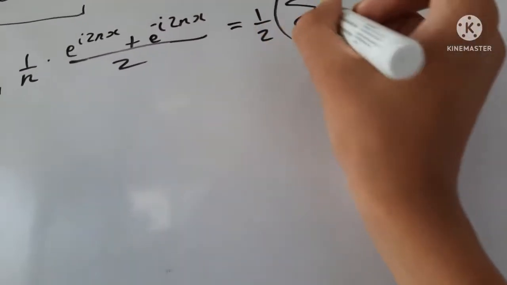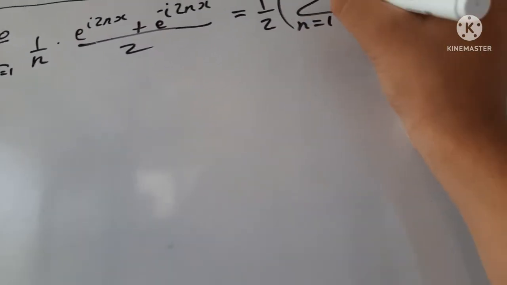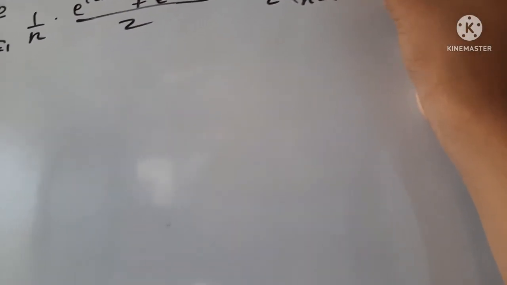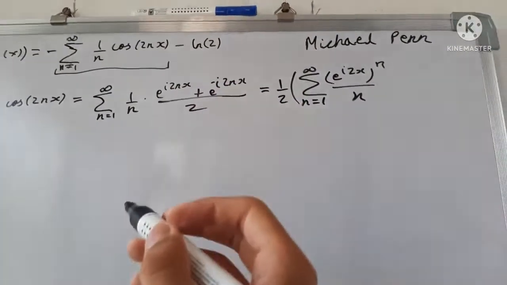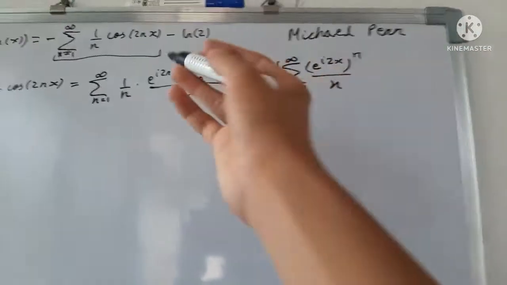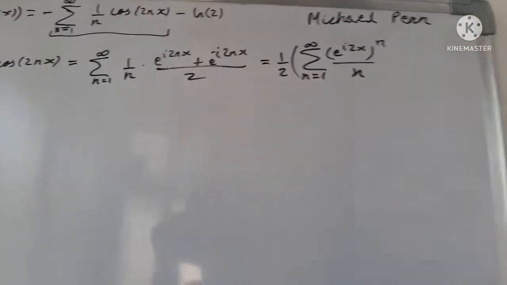Half, and then the sum from n equals 1 to infinity of e to the i 2x, to the n, upon n. We can take this n in the exponent by basic exponent rules, and we remove the half.